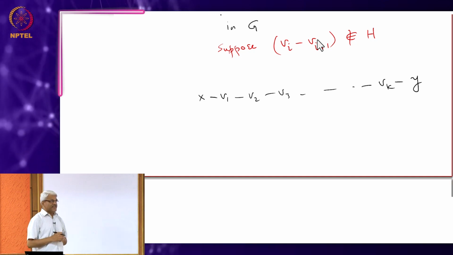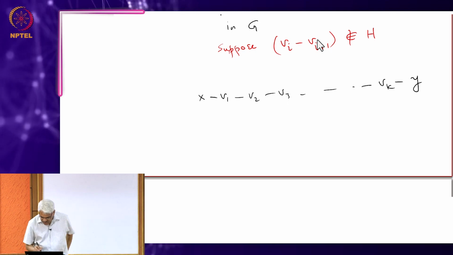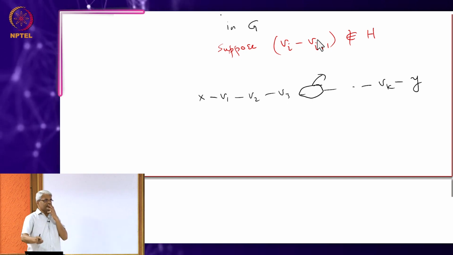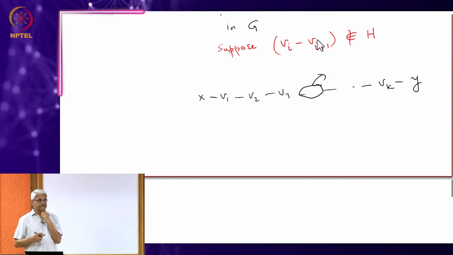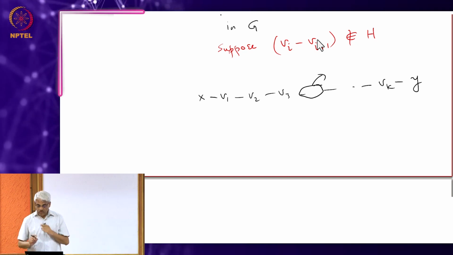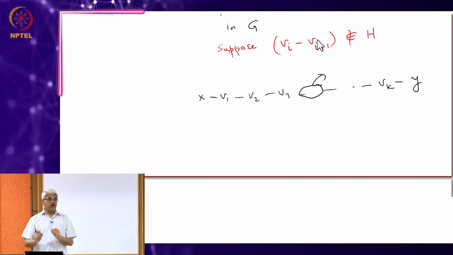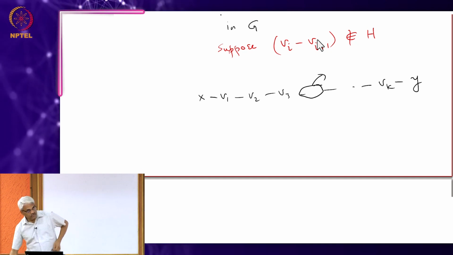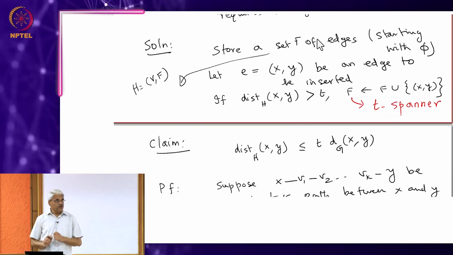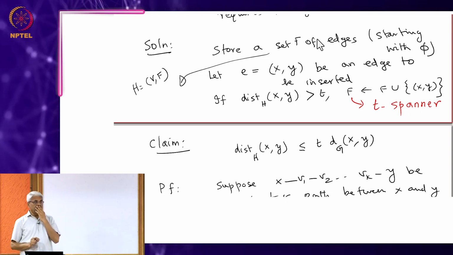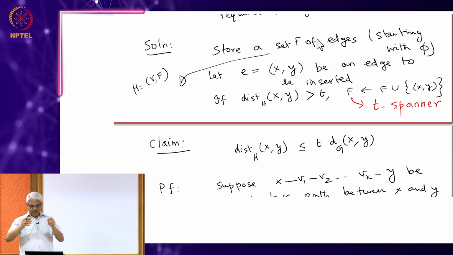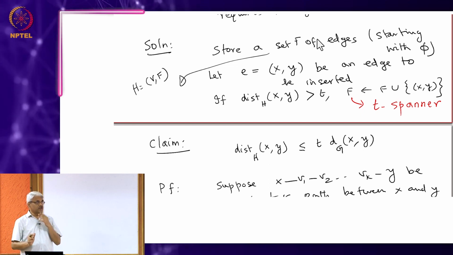This is the shortest path in G, and maybe some edge is missing in H. Why was this edge missing? No, let us go back to our algorithm. Why did we not include that edge? Because the current distance between x and y is less than or equal to t. That is why I did not include it.